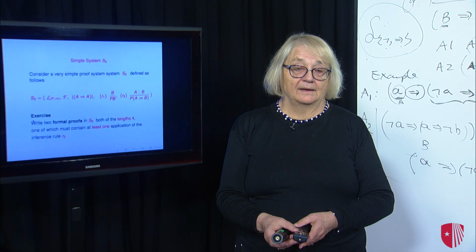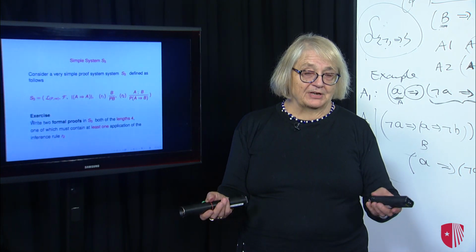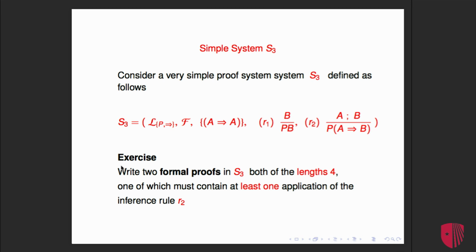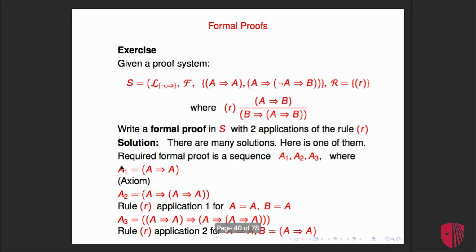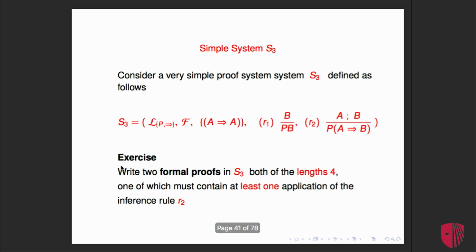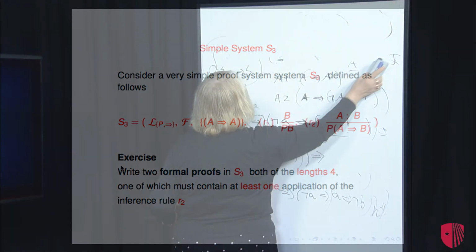And now, a nice exercise. You have two rules of inference. In all these examples I gave you, there was one rule of inference with one premise. Now, what happens when you have, for example, a rule of inference with two premises?